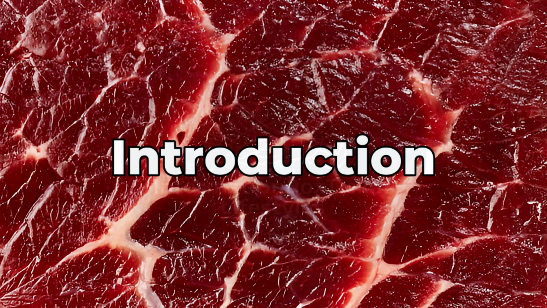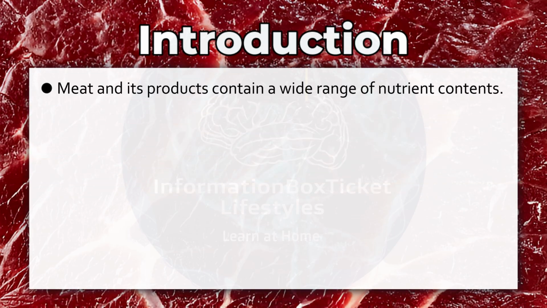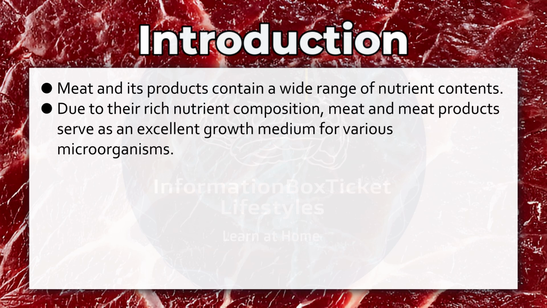Introduction to Preservation of Meat. Meat and its products contain a wide range of nutrient contents. Due to their rich nutrient composition, meat and meat products serve as an excellent growth medium for various microorganisms.